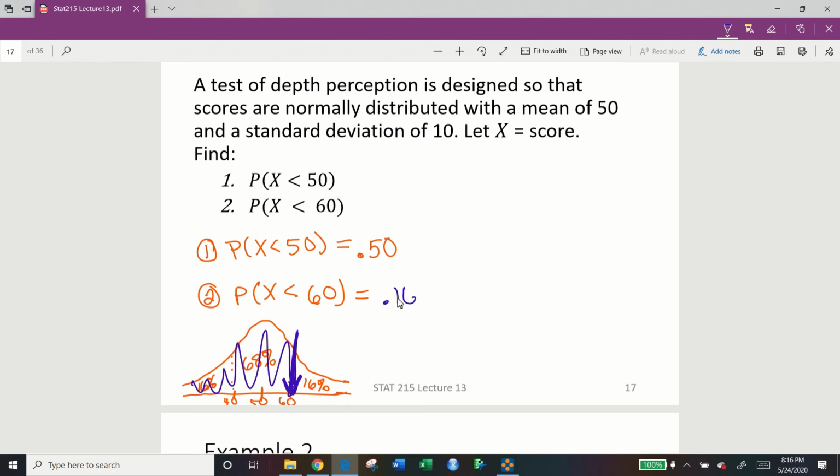So that's the 16% plus the 68%. And that's going to give us 84% or 0.84. So just to review, the probability of x being less than 50 is, in this case, 50%. And the probability of x being less than 60 is going to be 84%.